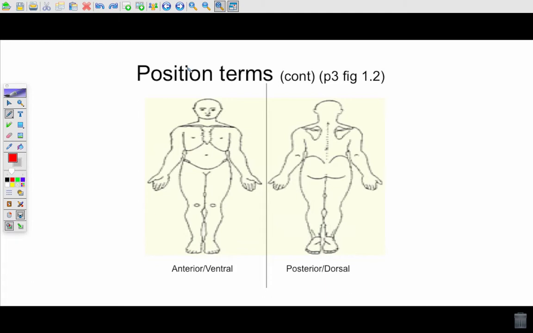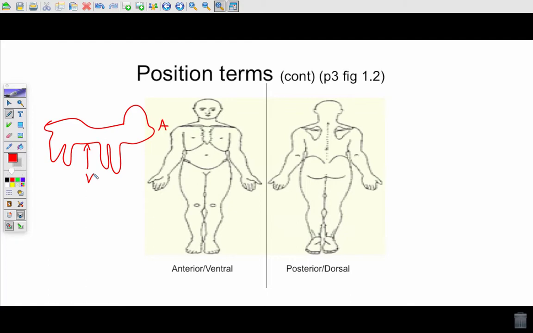For a four-legged animal, anterior would be towards the face and ventral would be towards the belly. So if you have a dog that looks like this, don't make fun of this drawing, the ventral portion would be here and the anterior portion would be there.